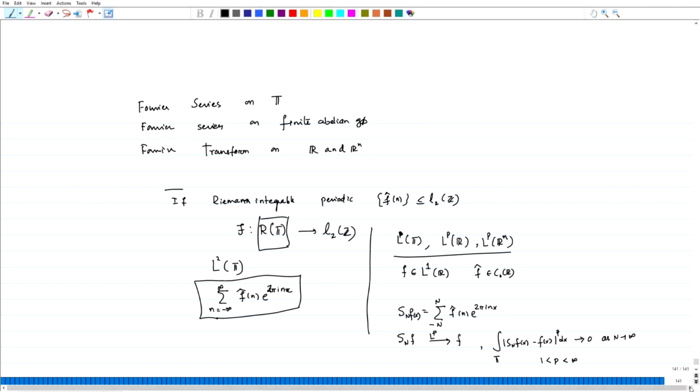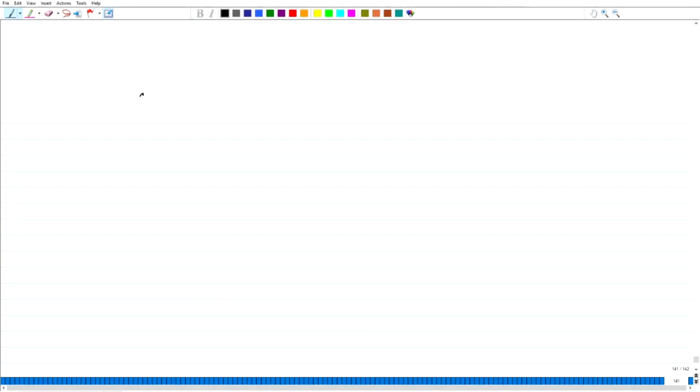Now one thing one would like to see is that the building block is e to the power i n x. So what is happening here?